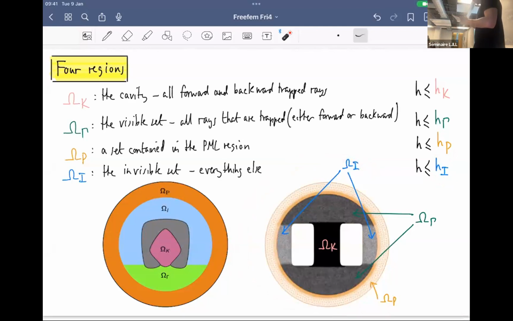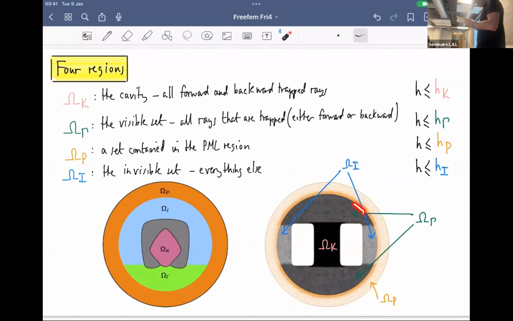So what's going to happen is I'm going to need to take the H_K inside the cavity to be very small. So this mesh is very small, which is why on this scale it's just going to come out as completely black.